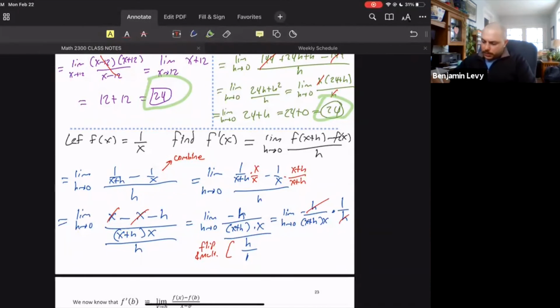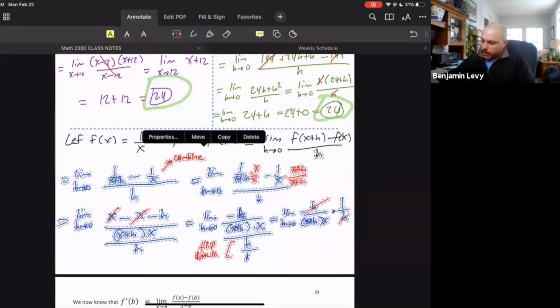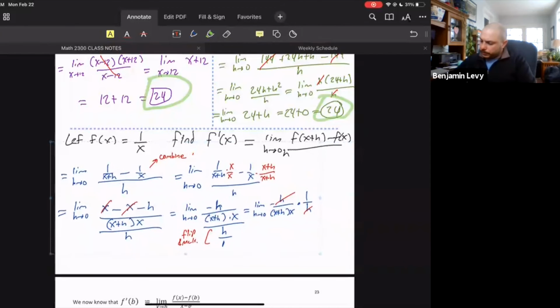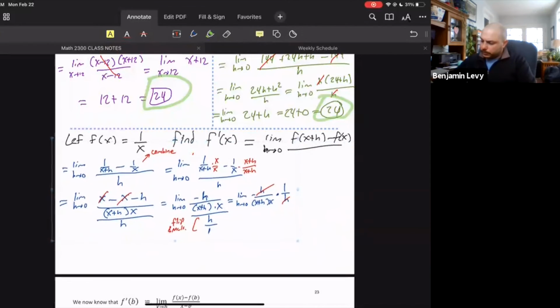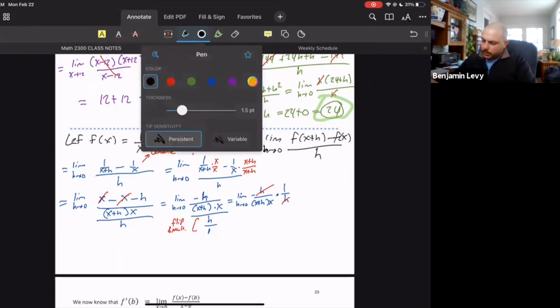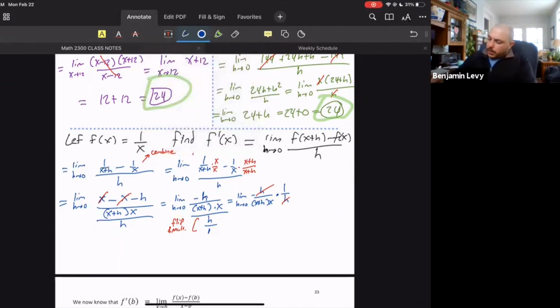I'm gonna need to shrink this down just a tad. Ran out of room. And so then this becomes the limit as h goes to 0 of just the denominator, which we can do.